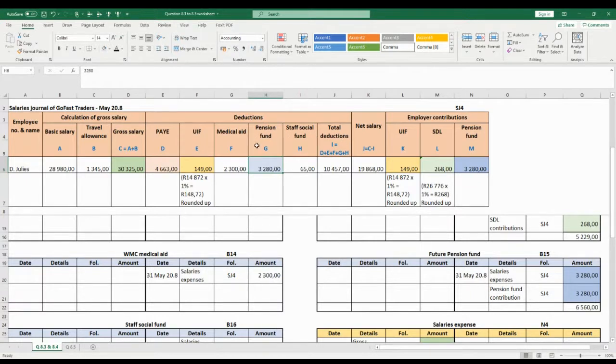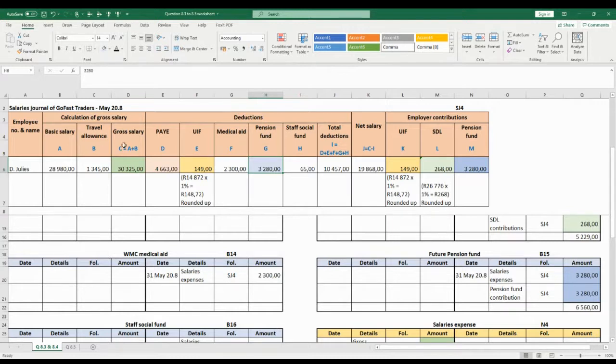So this deduction here at the top is the pension fund. So the employee, the person that earns the salary, says to his company, can you please deduct the following from my salary and pay it over to my pension fund on my behalf before you pay out my salary.